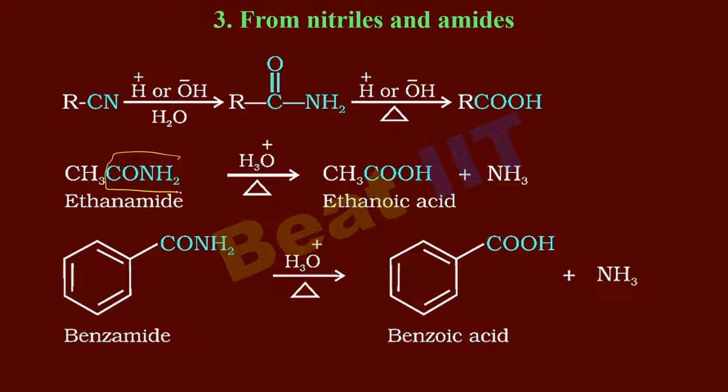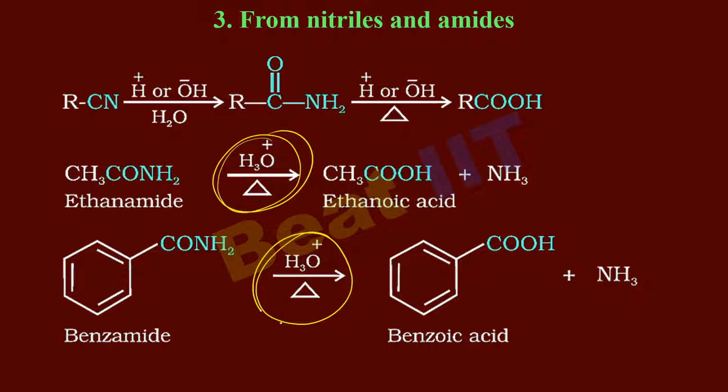This is the amide group, converted to COOH. In all cases, the amide group is being converted to COOH. How? By acidic hydrolysis. With water only in one case, but in these two cases, acidic hydrolysis. I would suggest you remember just acidic hydrolysis. That is considered correct.